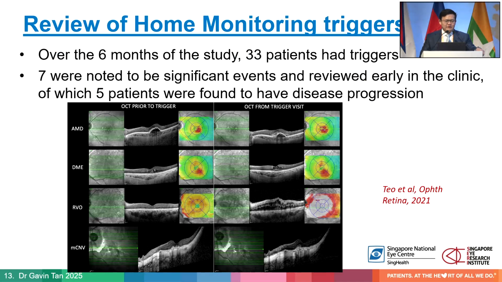When we looked at the triggers that occurred, there were significant positive triggers that allowed us to pick up 7 patients with events before they were inclined to come back to the clinic. But if you notice, the positive predictive value was actually not great. It was pretty poor, less than 25%. And because of the design of the study, we couldn't assess accurately the sensitivity.